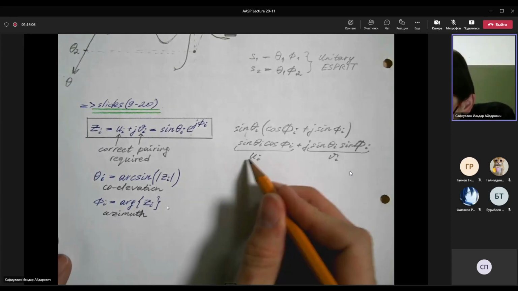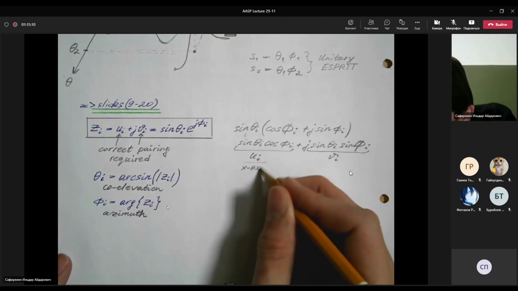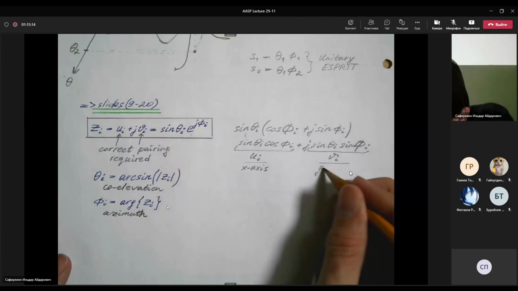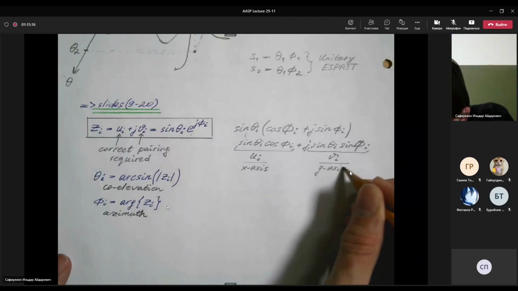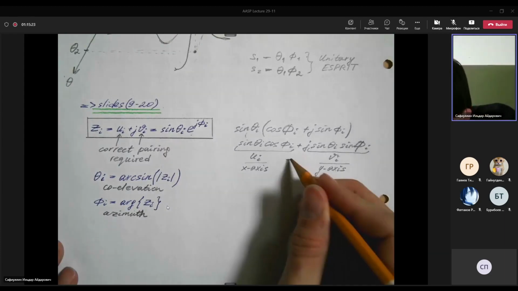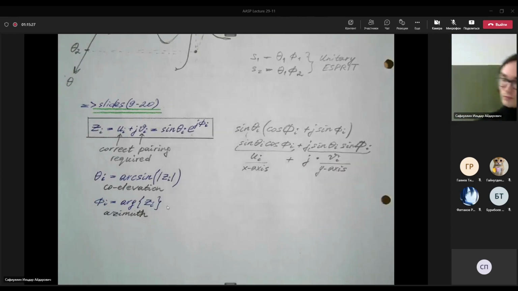So it is the projection onto the x-axis, and this one is the projection to the y-axis, if I'm not mistaken.